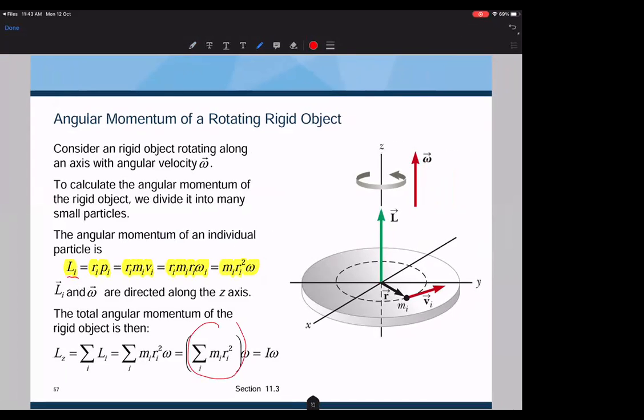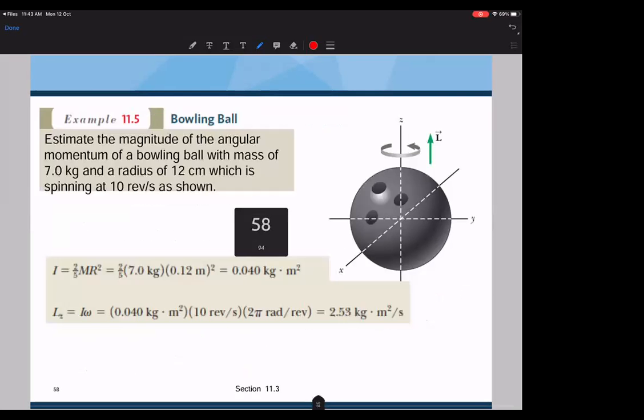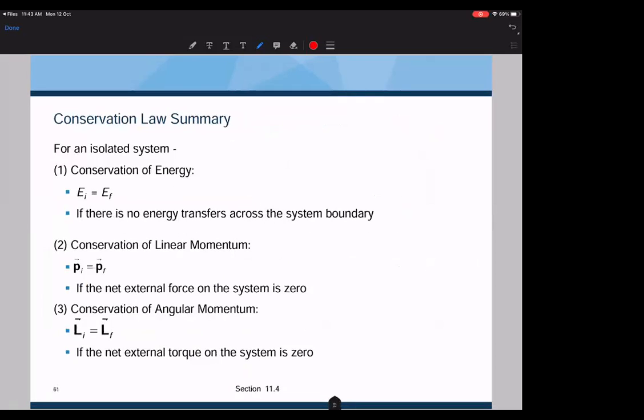And omega for all the rotating particles is the same. So the sum of m r squared becomes the moment of inertia. So that is why we have the angular momentum for a rigid object, for an object with a collection of particles, I omega. And we have talked about various conservation laws as well in the last lesson.